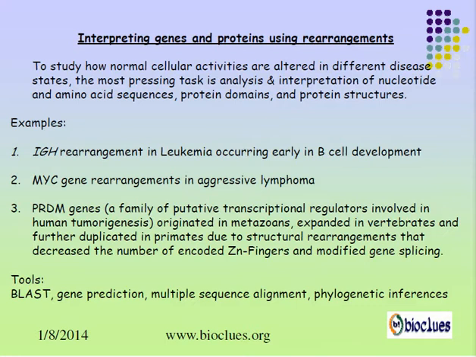For example, we have leukemia, where at the early B cell development, the IGH gene rearrangement occurs. In aggressive lymphoma, the MYC gene rearranges. So, how do you identify the rearrangement in a sequence?